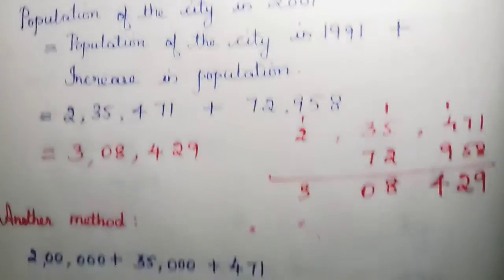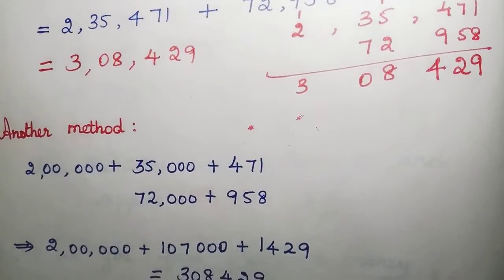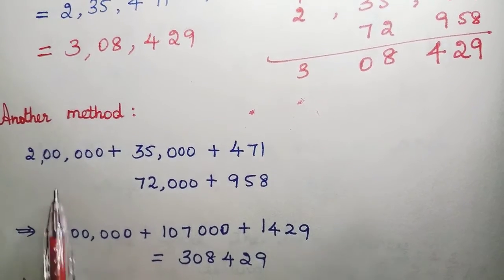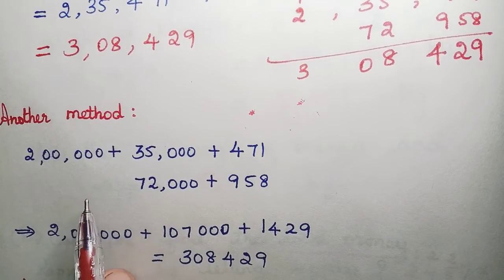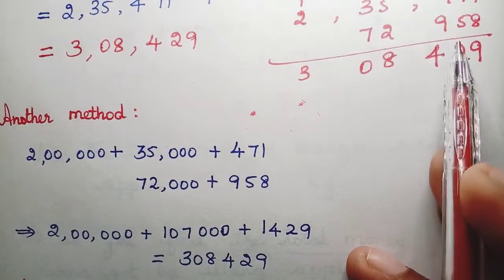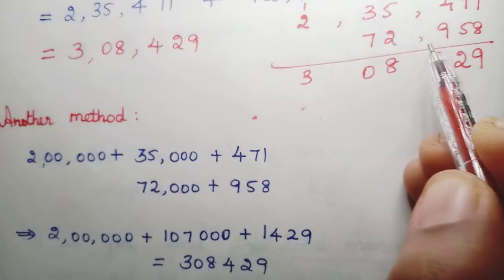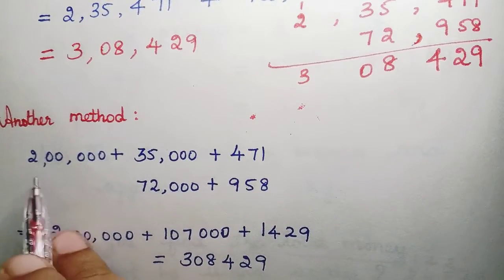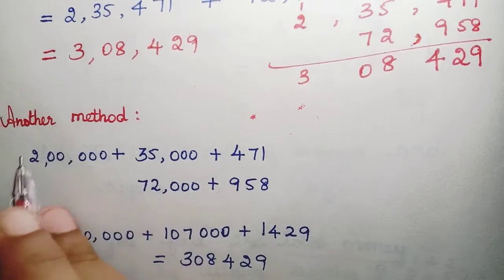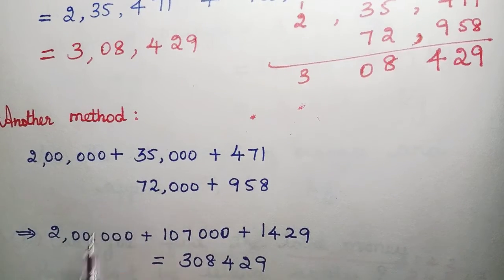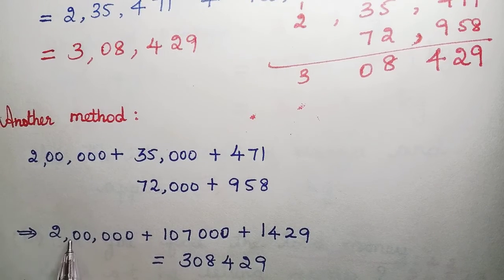You can do the same thing using another method. That is, you count using the commas. I have already written it here using commas. For better understanding, you can think in that way. 2 lakhs: you have to add both the lakhs, and for the second number you don't have any lakhs, so the total is 2 lakhs.